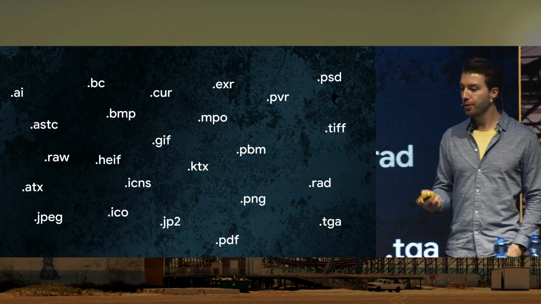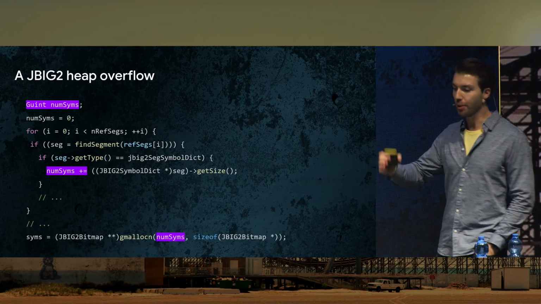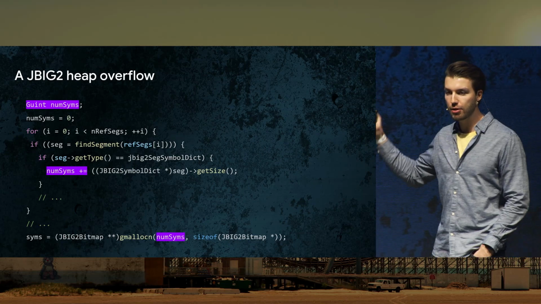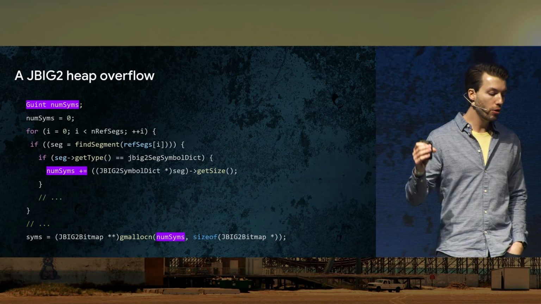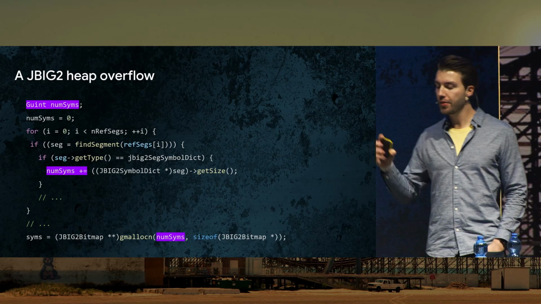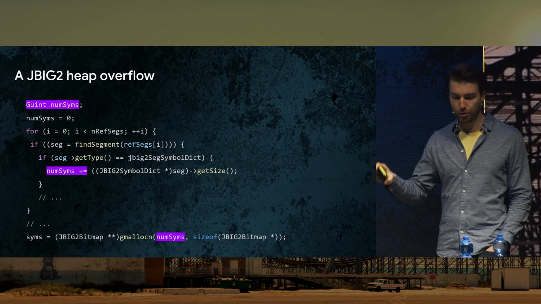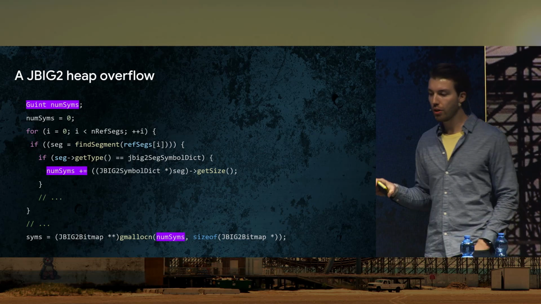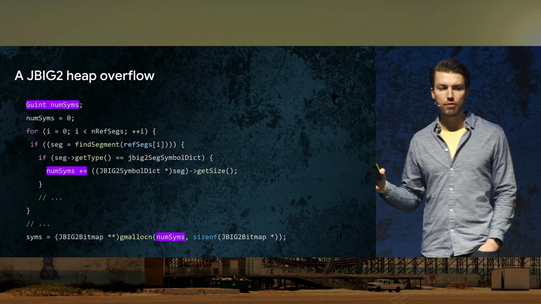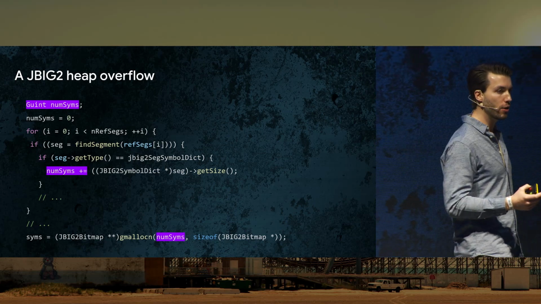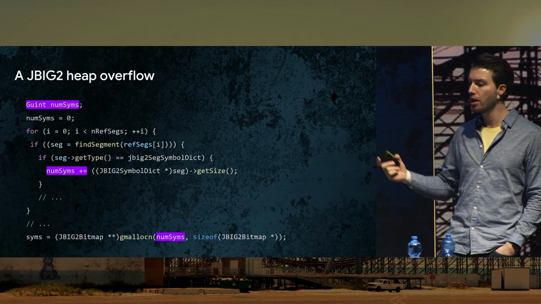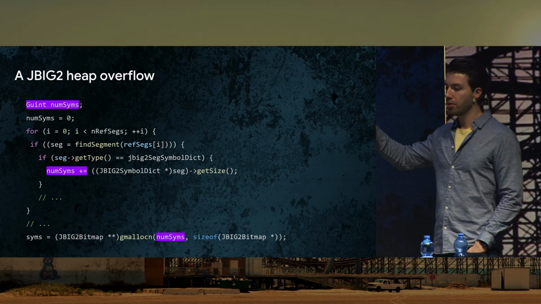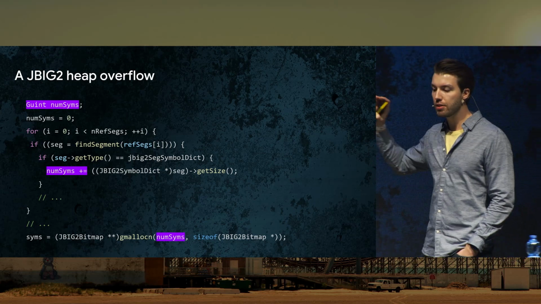Okay, so anyway, back to JBig2, right? That's the compression code in PDF. This is the bug that was ultimately exploited. It's not really that interesting. It's a standard heap buffer overflow coming from an integer overflow. So you have this num symbols integer.